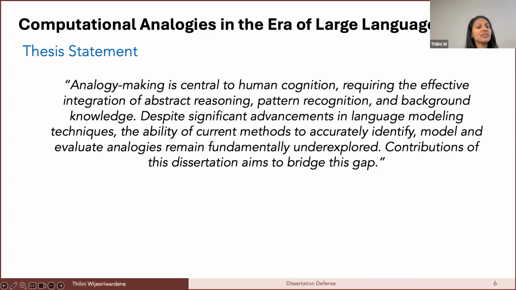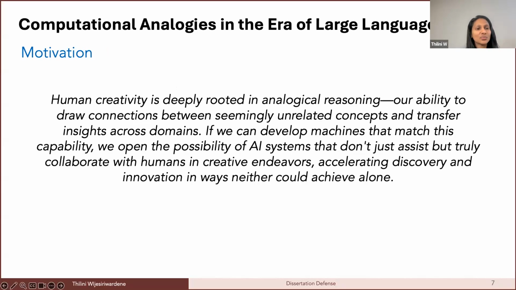It requires the effective integration of abstract reasoning, pattern recognition, and background knowledge. Despite significant advancement in language modeling techniques, the ability of current methods to accurately identify, model, and evaluate analogies remains fundamentally underexplored. So in this thesis, I try to contribute towards bridging this gap. So let's move on.